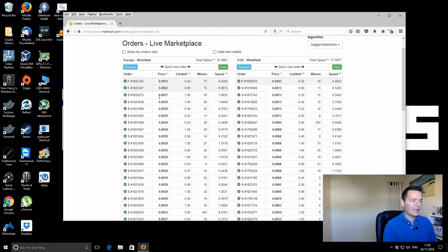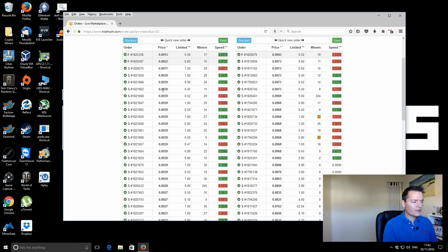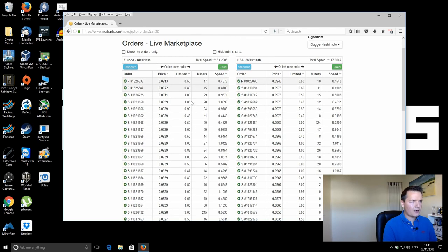So if you pay this price here, 0.971 Bitcoin, you can basically get 1 gigahash for an entire day mining Ethereum. So that's how that pricing system works. The other parts I'll come back to on the actual order form itself.